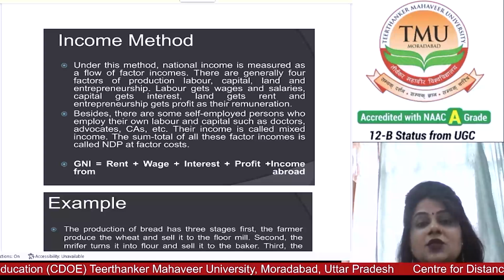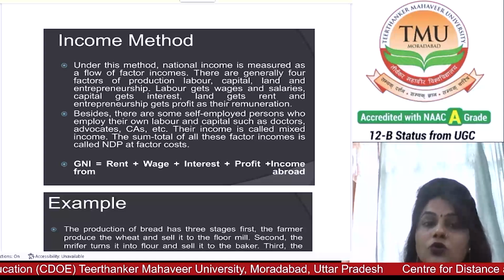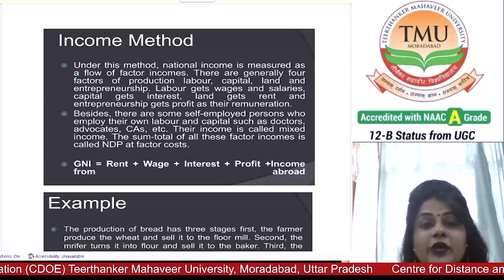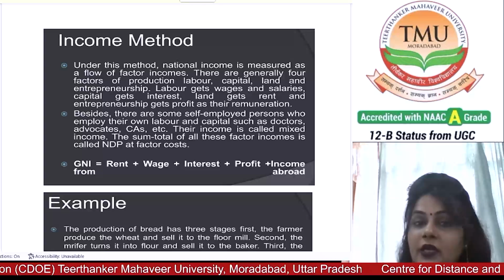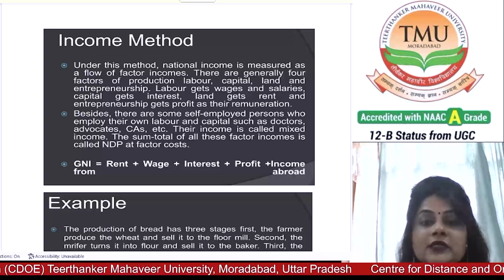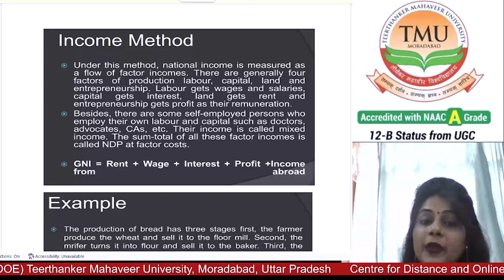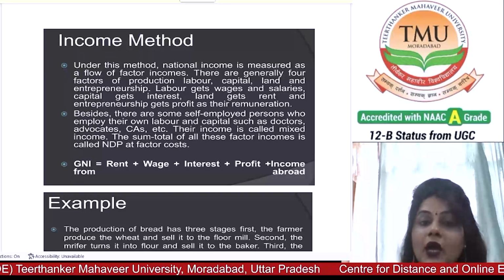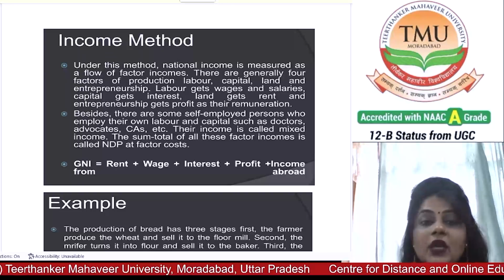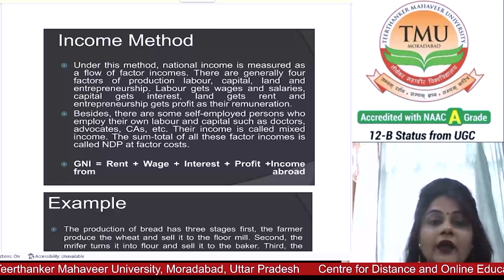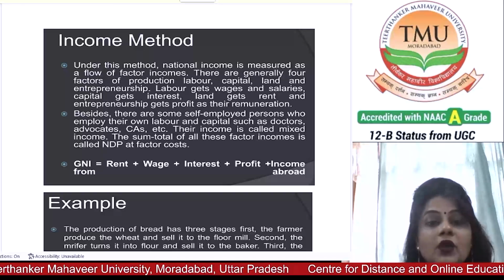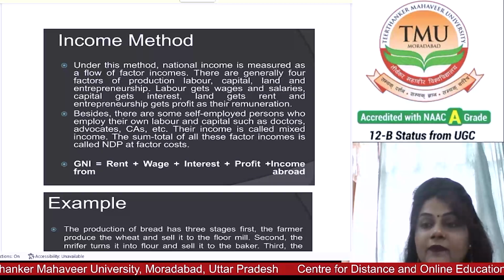Interest income consists of the interest on loans taken for productive services. It doesn't include interest paid by one firm to another, interest paid for loans by consumers taken for consumption, and interest paid by government on public debt.